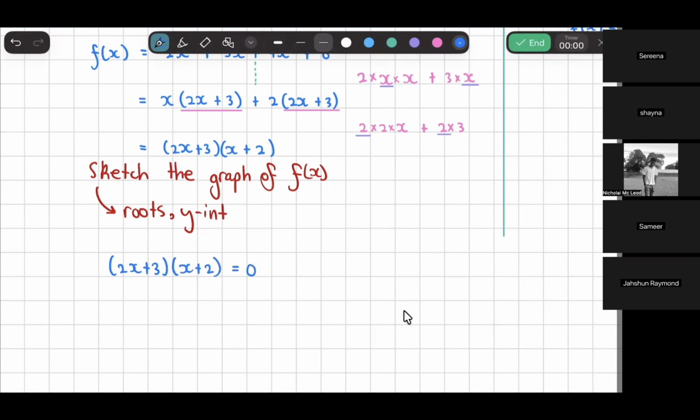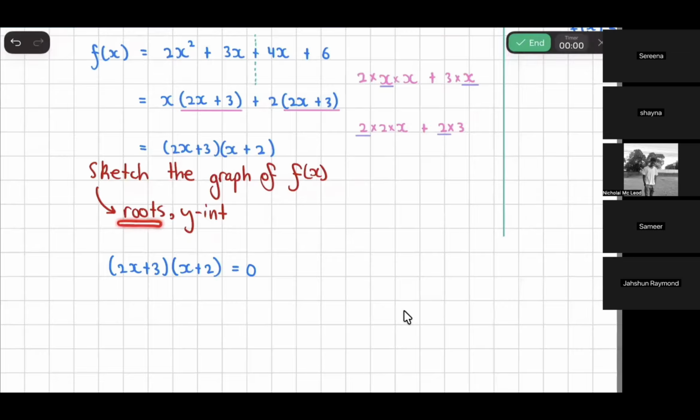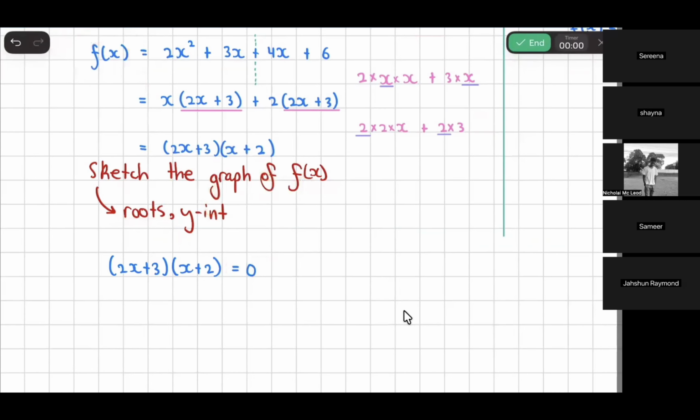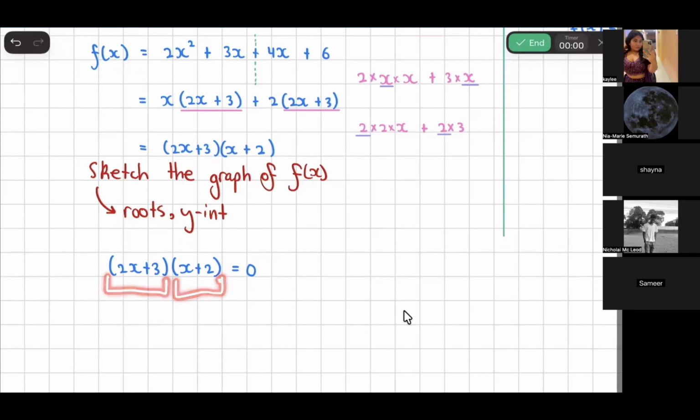The reason I'm doing this is because the roots are the x-intercepts. And at the x-intercept, the y value, or f of x value, is 0. So I just replace f of x with a big 0. Now we're trying to figure out the values of x that would make the individual brackets equal to 0. Where do you think x would have to be to make that bracket 0? Minus 2. Yes, -2. That is correct.